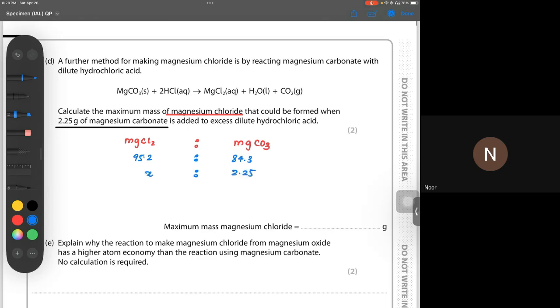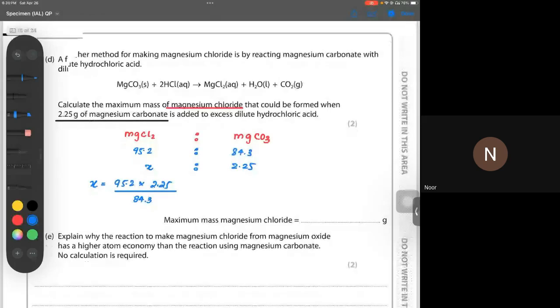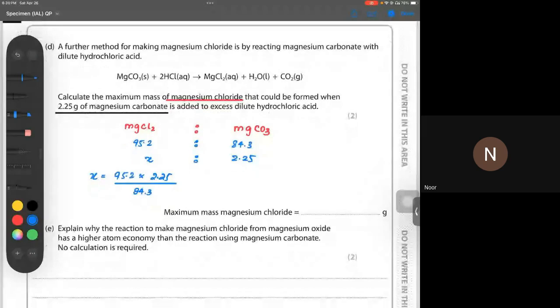This would be X. This is also one of the methods that you can do without finding out the moles. But this method is only applicable if they have given you the mass and they are asking the mass. What's the answer? 2.5 grams is your answer.